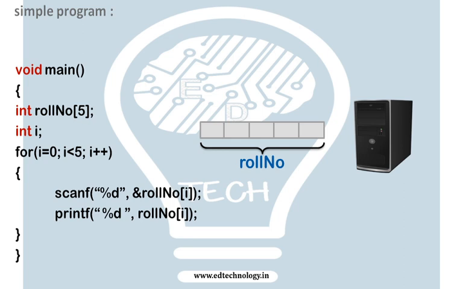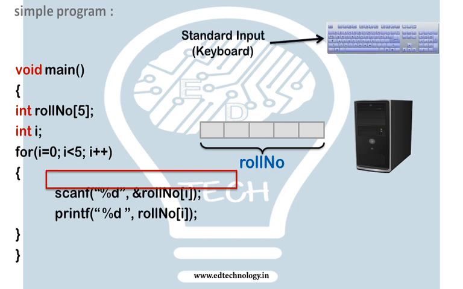In the memory, it occupies space for the array, which is a contiguous allocation. Then when it gets inside a loop, it takes the standard input in the form of binary values, input streams, and ultimately stores the values into the memory location.